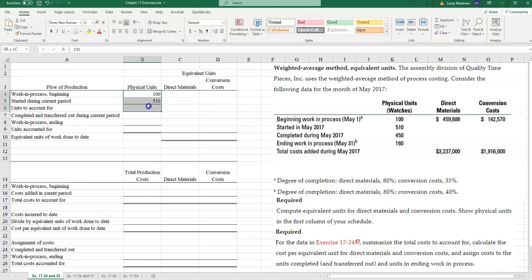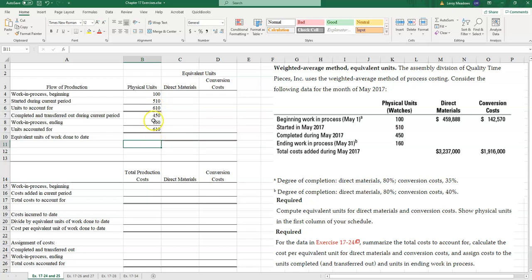So how many units do we have to account for here? Well, we have to account for 610 units. Of the 610 units, 450 units were completed and transferred out, and then our work in process ending inventory was 160 partially completed units. So did we account for all 610 units? Yes, we did.